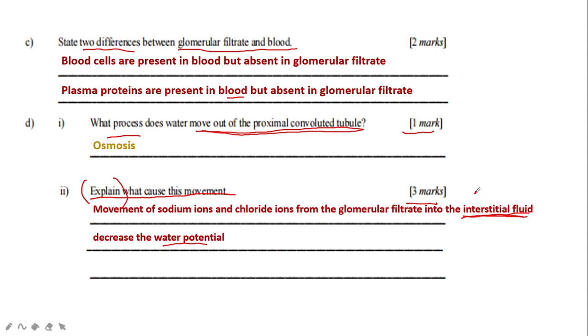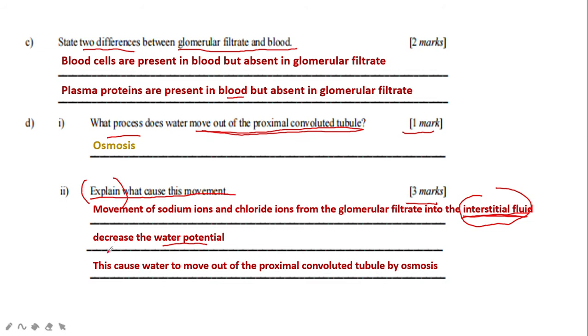When the water potential in the interstitial space decreases, this will cause water to move out of the proximal convoluted tubule by osmosis. You will get 1 mark for each point, so the total is 3 marks.